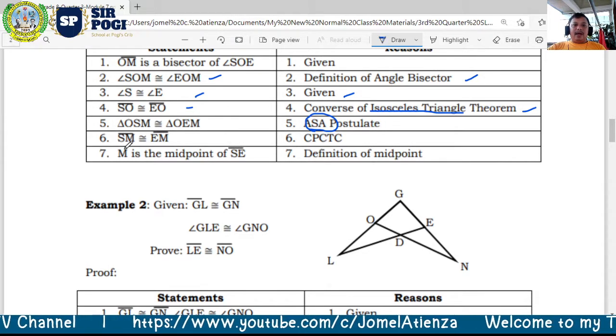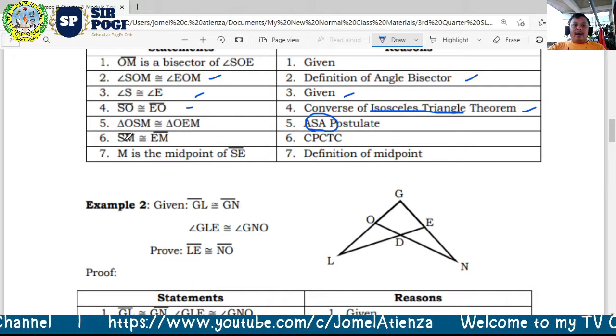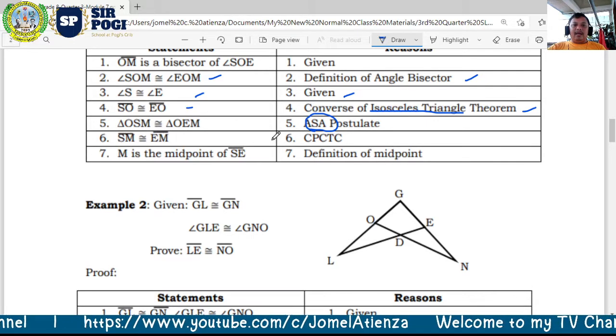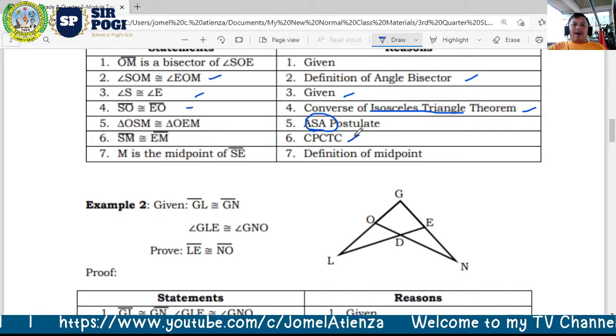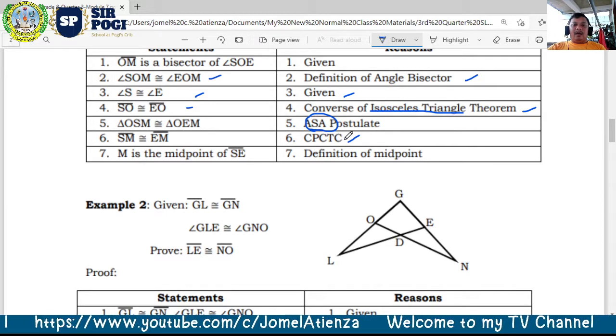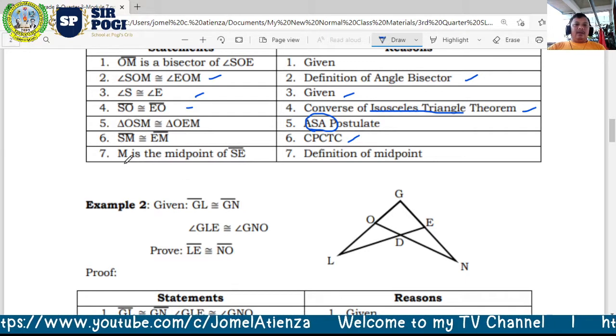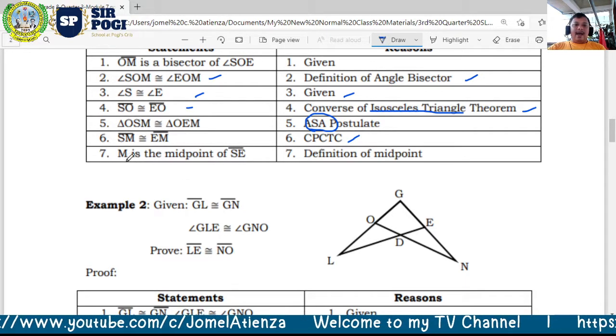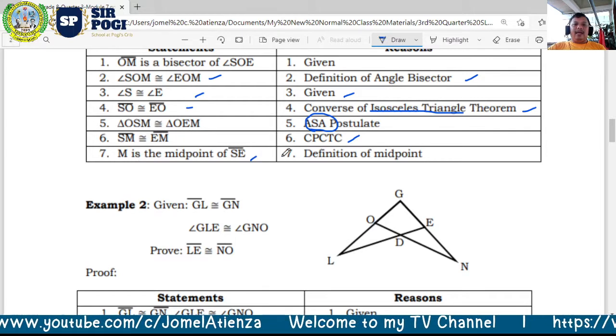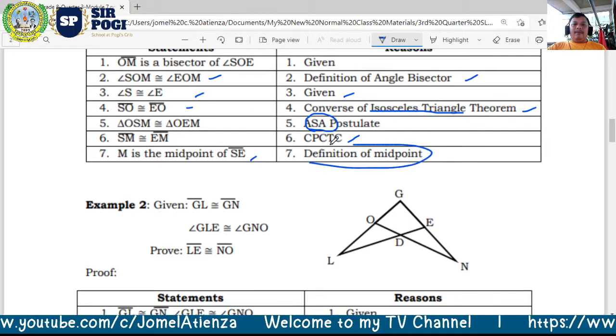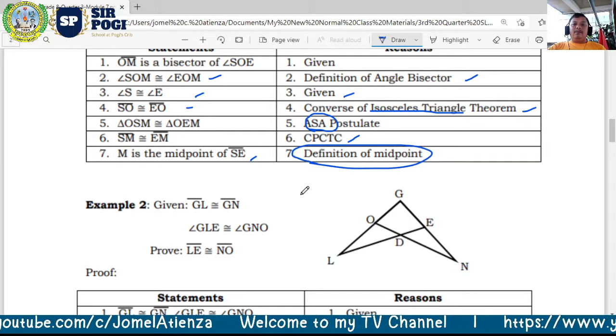So therefore, segment SM is congruent to segment EM. That is, corresponding parts of congruent triangles are congruent, which is CPCTC. So therefore, we can say that M is the midpoint of SE. So that is by definition of midpoint.